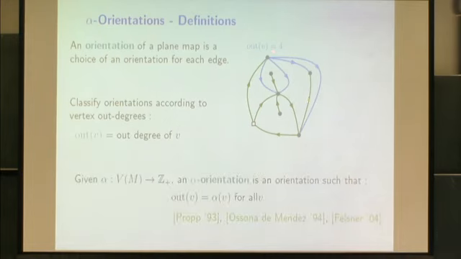And given a function alpha that associates to every vertex of the map a non-negative integer, we call an alpha orientation an orientation such that the function alpha prescribes the out degree at every vertex.